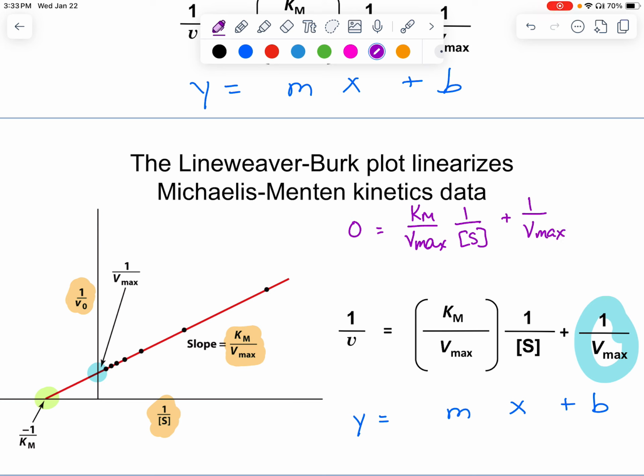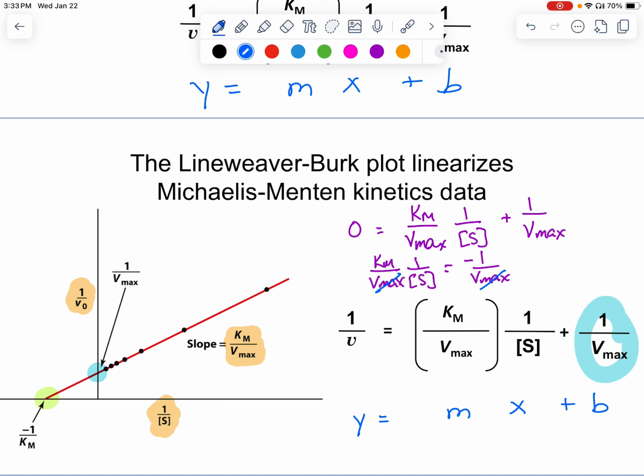All right, I can solve this. So I've got Km over Vmax times 1 over the substrate equals negative 1 over Vmax. And you know what? This Vmax is going to cancel on both sides nicely.